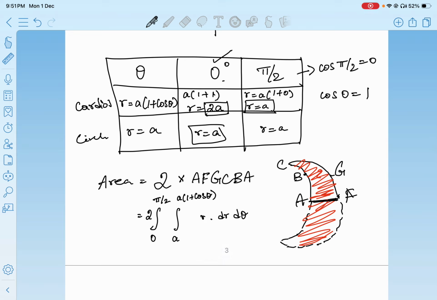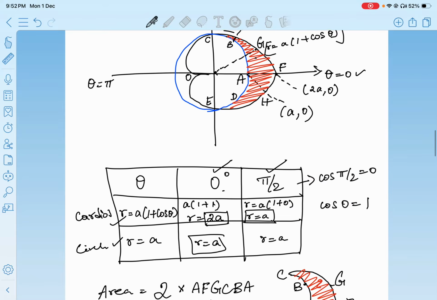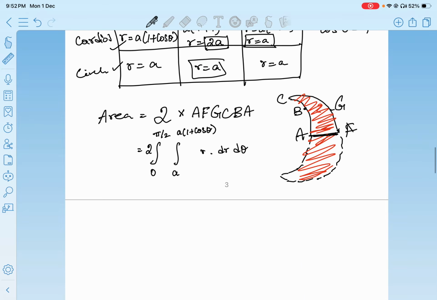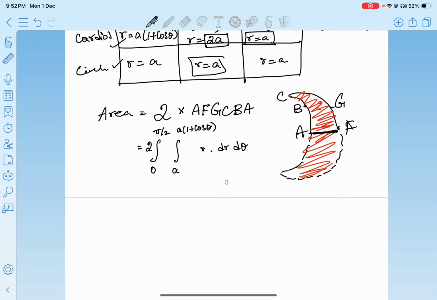This is your 0, this is pi, and these are the two integrations. These are all just the joining, the connected points. But this integration we have from 0 to pi by 2, and from this one and this one. So those are the integrations we have done twice.